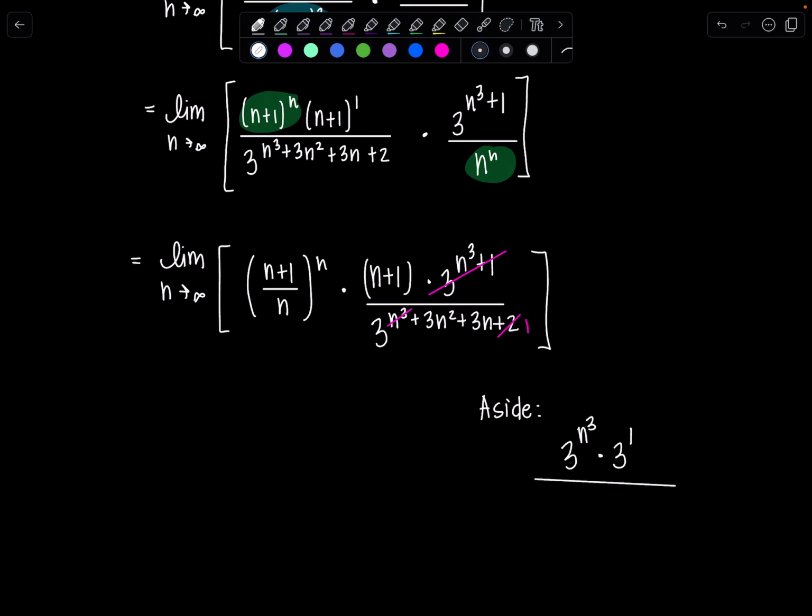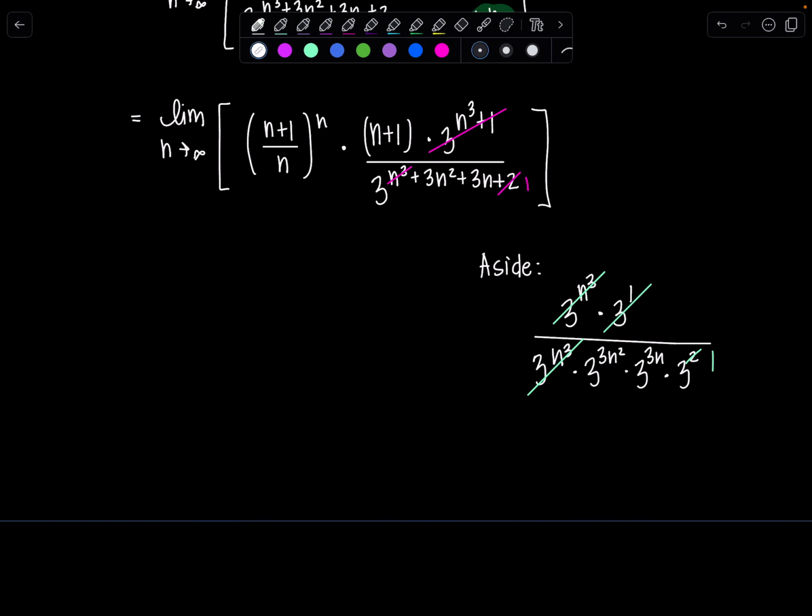And then everything in the denominator too, I could write as 3 to the n cubed times 3 to the 3n squared times 3 to the 3n times 3 squared, right? So then I can just go ahead, cancel out 3 to the n cubed, cancel out one of the powers of 3, and then this becomes a 1. All right, moving on, then what do we have here?